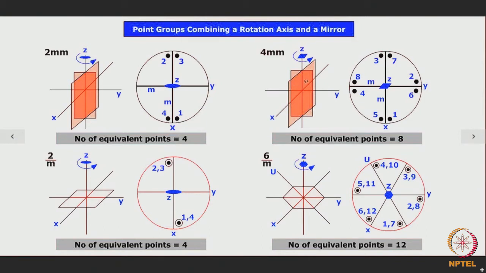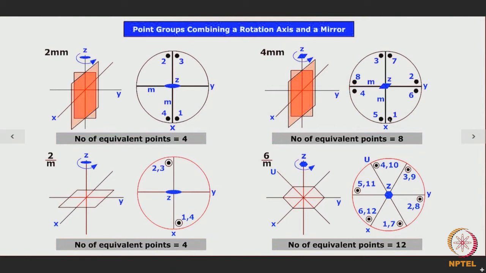So, in the projection, the four-fold rotor will come right at the center, and the given vertical mirror will be given by this line. If you have a given point 1, because of the operation of this four-fold rotor, what will happen? 1 will produce 2, 2 will produce 3, 3 will produce 4, 4 will produce 1, like that.